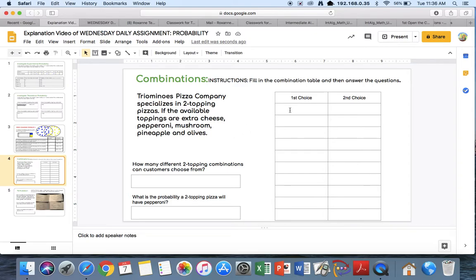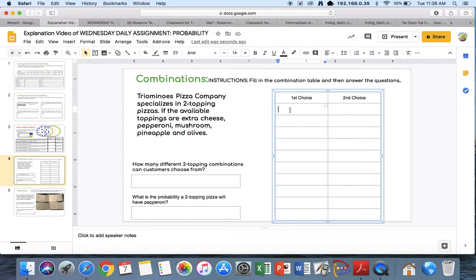All right, so first choice, we're going to have extra cheese, and then with extra cheese we could do pepperoni.